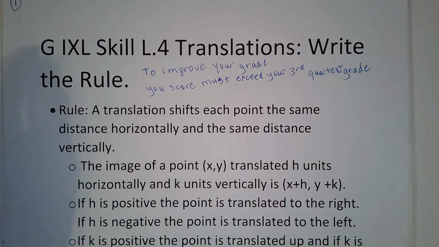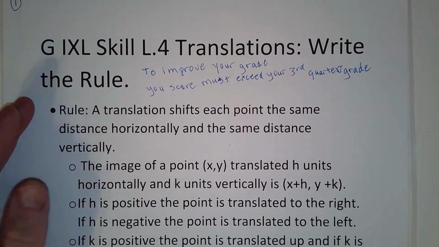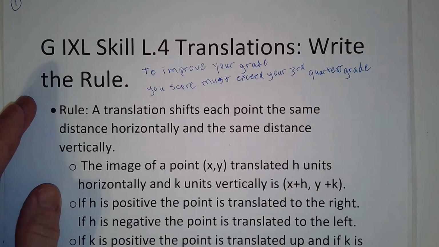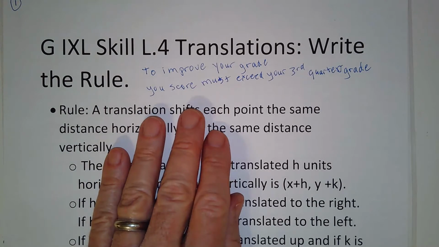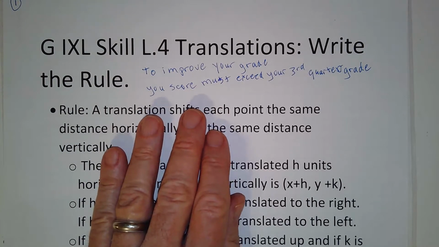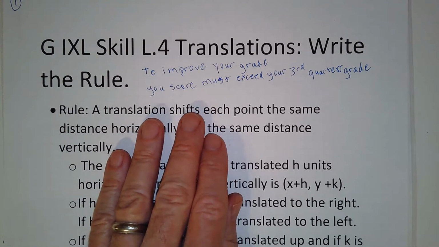But in order now to improve that score, because many of you wish to do that, you will want your grade for any of these skills to exceed your third quarter grade.